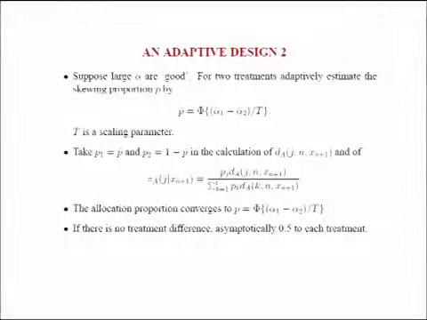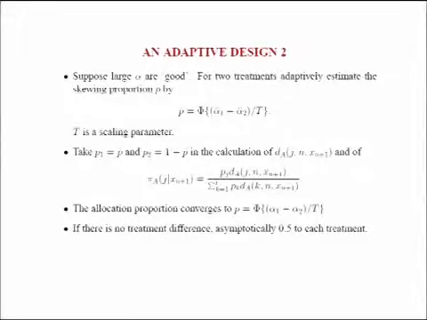Suppose that large alphas are good, then we can adaptively estimate the skewing proportion by something like this, a cumulative normal distribution, and T is a scaling parameter, which, if you know what kind of treatment effect you're interested in, and you know what kind of proportion should go to that better treatment, then the T will be determined. So then take P1 equal to this P hat.